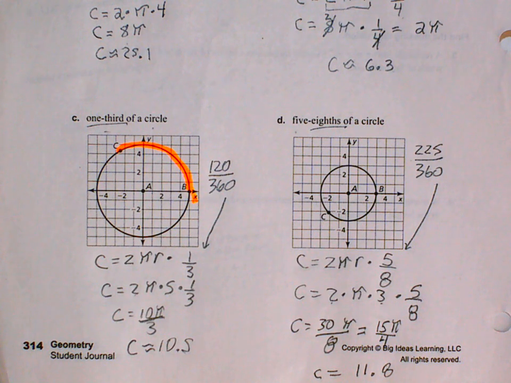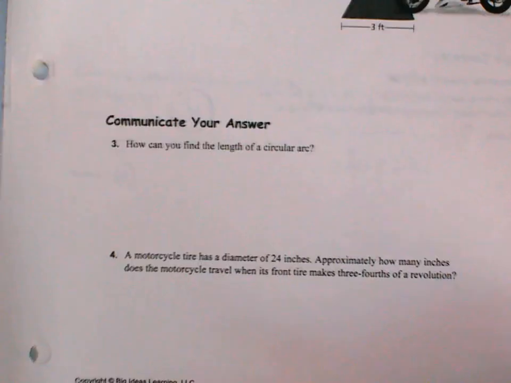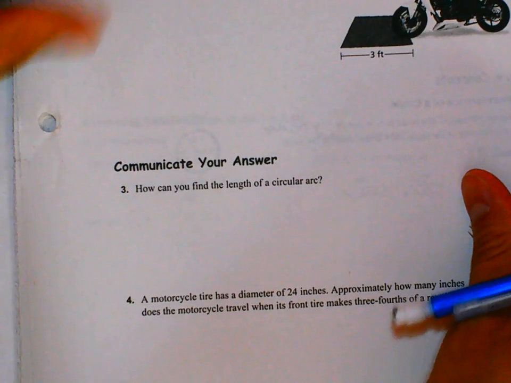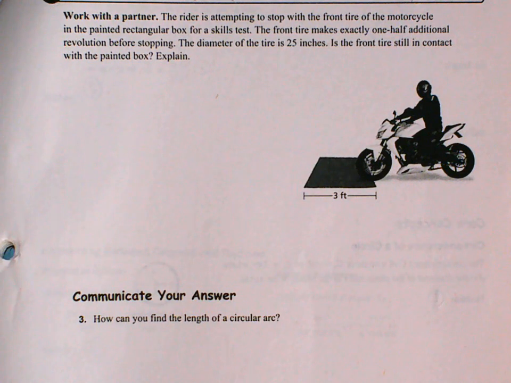Now, let's turn over to the next page, and this is on page 315. Now, here's a bit of an application to circumference. It says, the rider is attempting to stop with the front tire of the motorcycle in the painted rectangular box for a skills test.